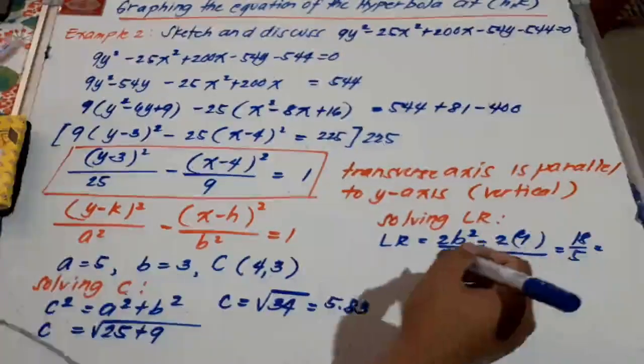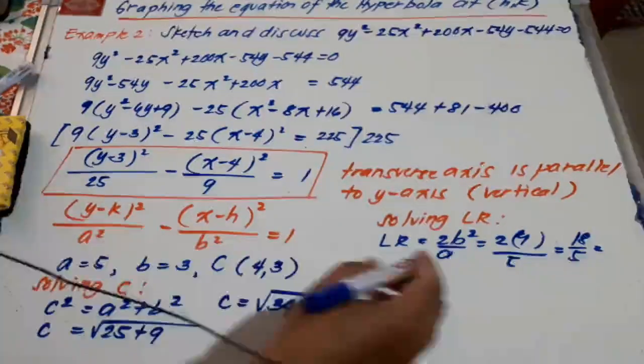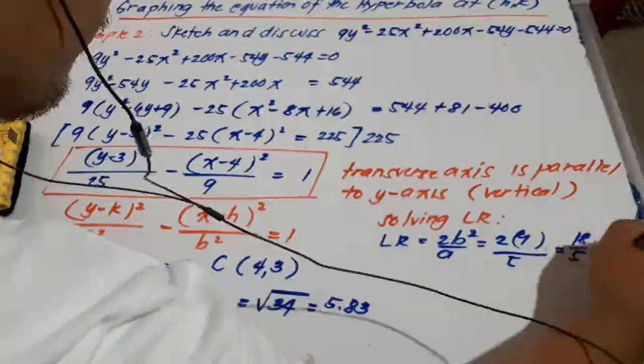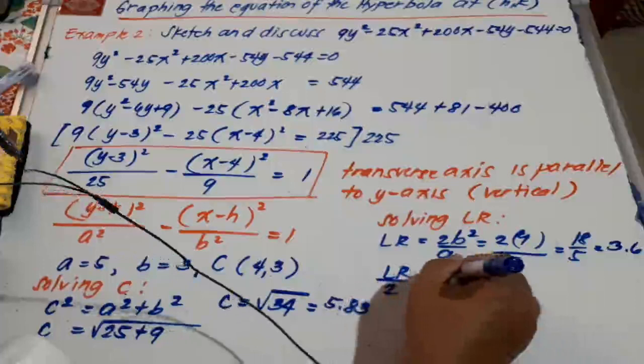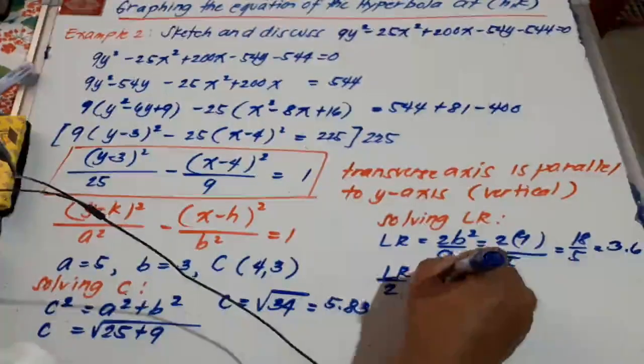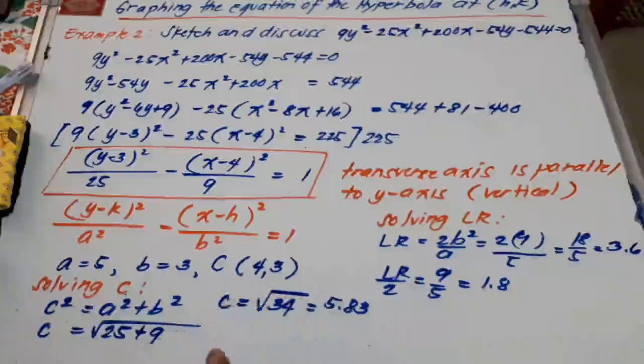In decimal, that will be equal to 3.6. At kalahati ni LR, that will be half of 18 over 5. So, that is 9 over 5, and that is equal to 1.8. Mamaya natin kunin yung equation of the asymptotes.